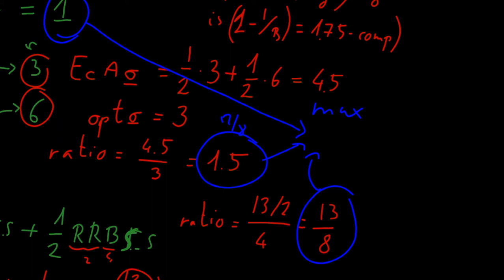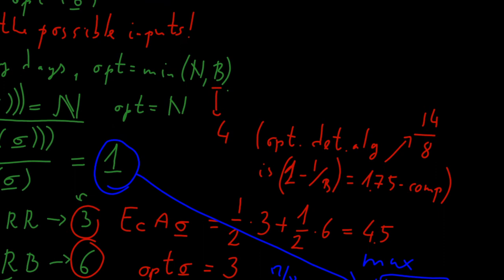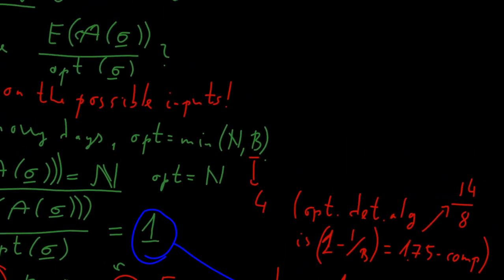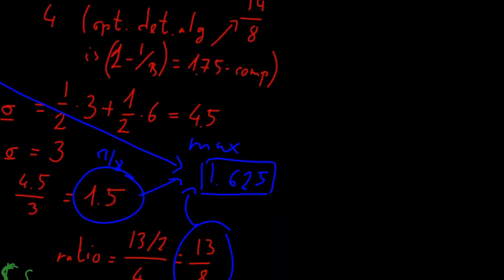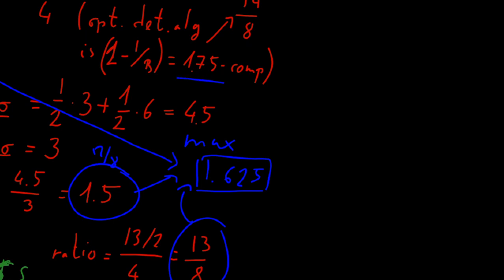I'm probably able to compute this, but it's something like 1.6. And this means that this particular algorithm, if the price of the skis is 4, has a competitive ratio, an upper bound for that, better than that one, which was the optimal choice for the case of deterministic algorithms.